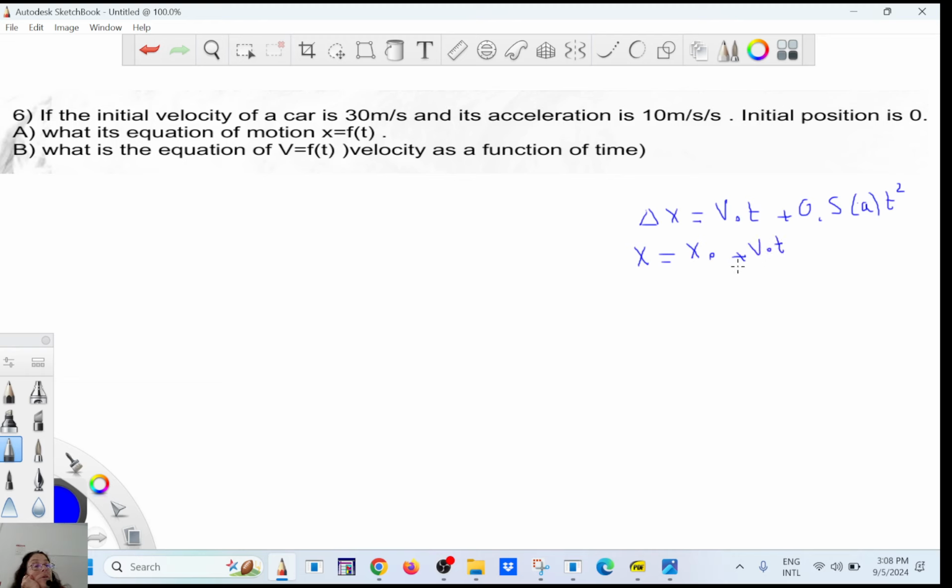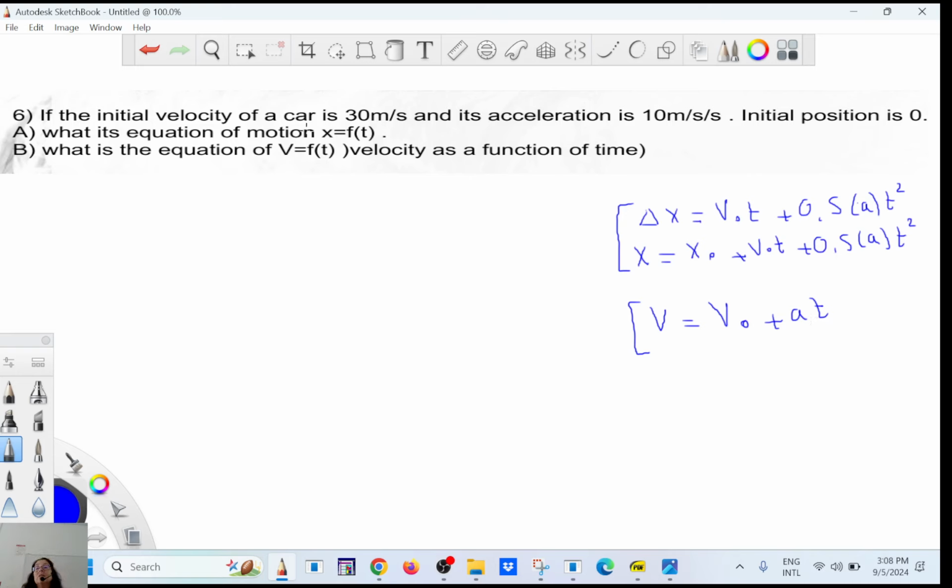Okay, so that will be if you have no acceleration. But because you have an acceleration, you're going to be further away on the number line. And the other equation is final velocity equals initial, what you begin with, plus the rate times the time.